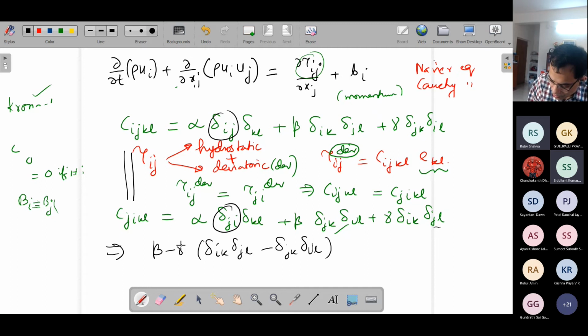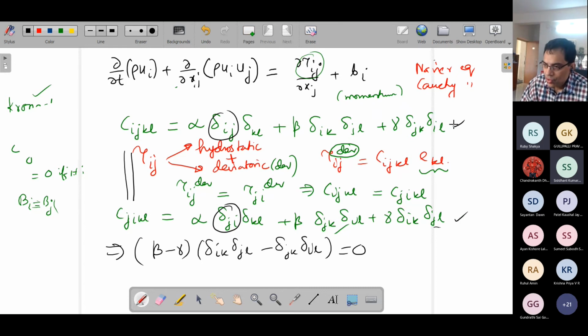This beta minus gamma is equal to 0 if you bring all the terms together to one side. Because these are just indices and there is no guarantee of what the individual values will be, the only possibility is that beta is equal to gamma.